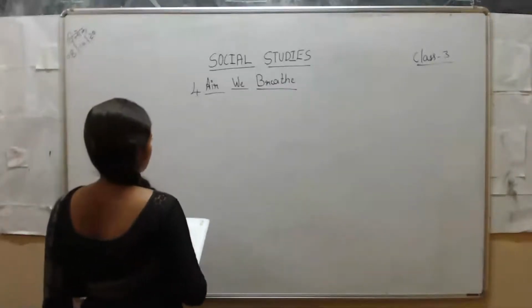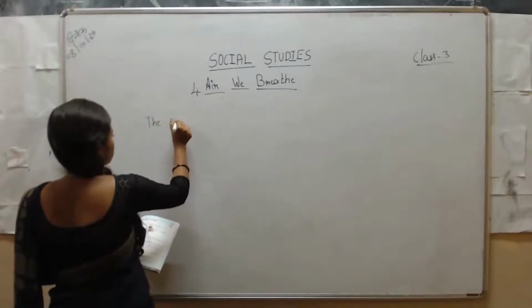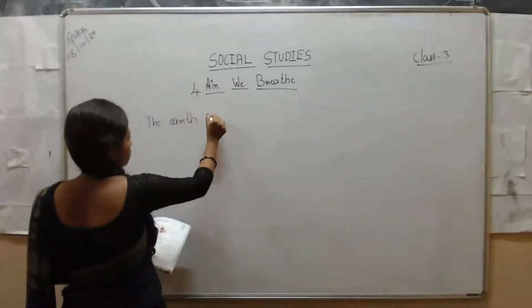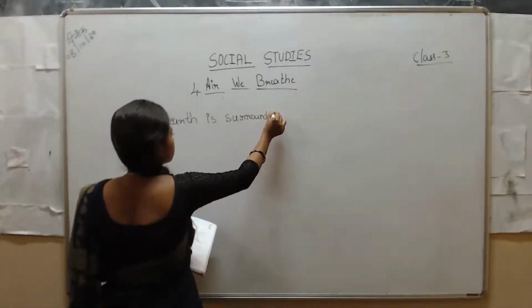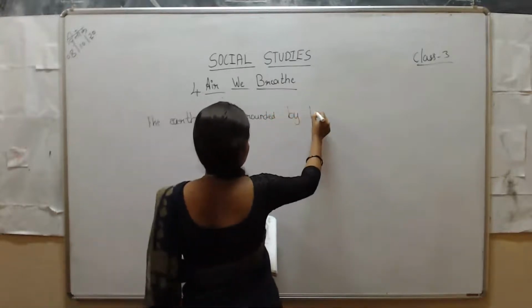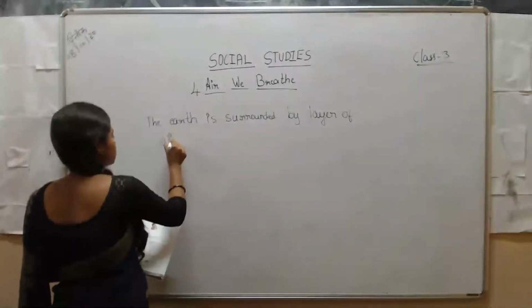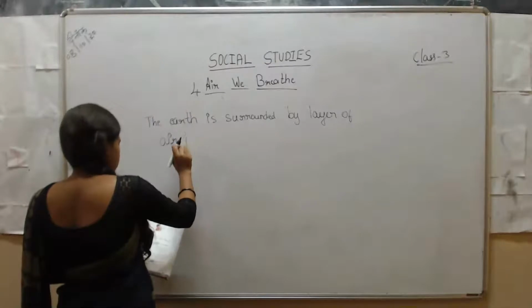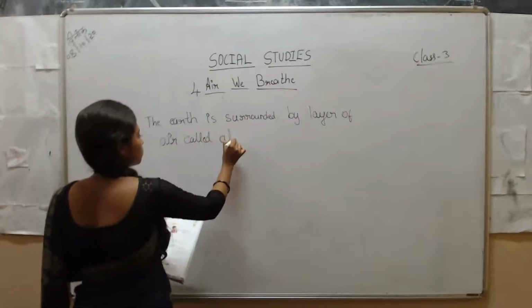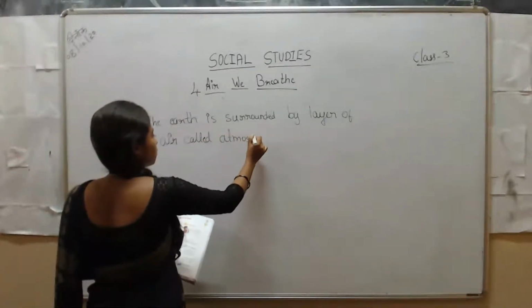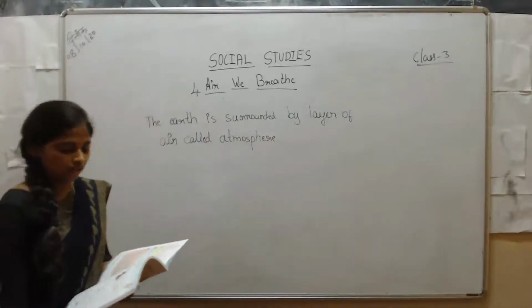Seventh one is atmosphere. The earth is surrounded by a layer of air called the atmosphere.